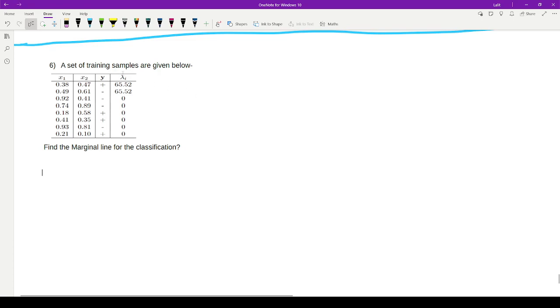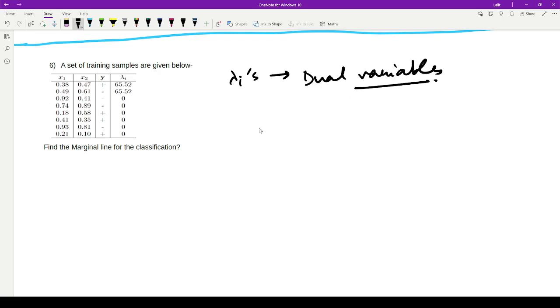We are given a set of training samples x1 and x2, and their labels, whether it's a positive sample or a negative sample. You are also given lambda i's. What are the lambda i's? They are the dual variables, or the KKT variables.